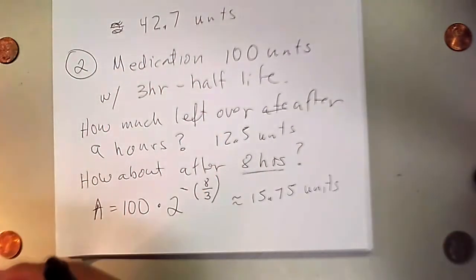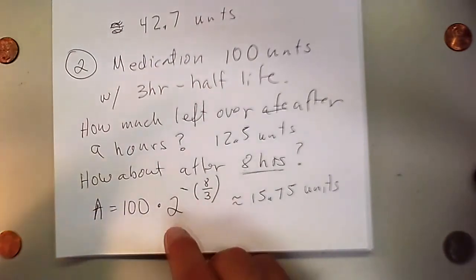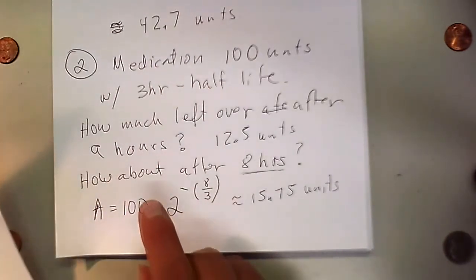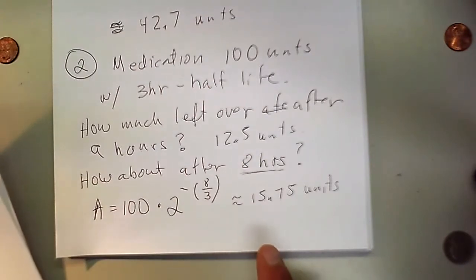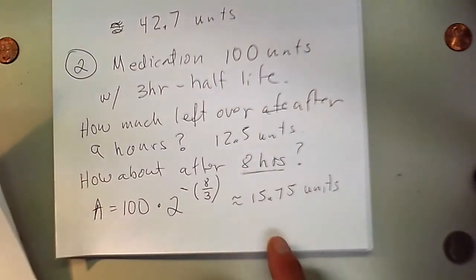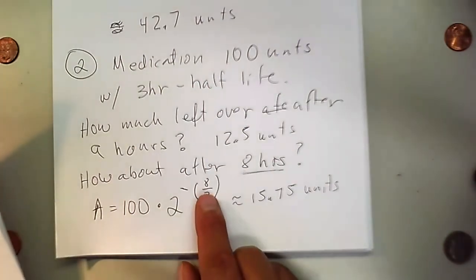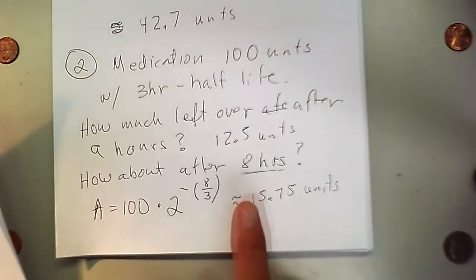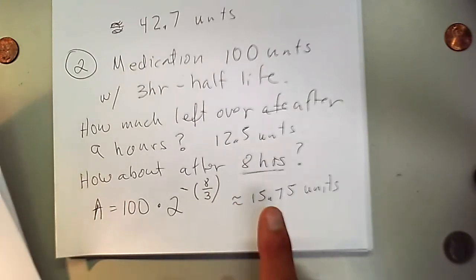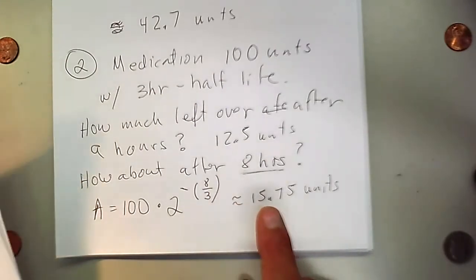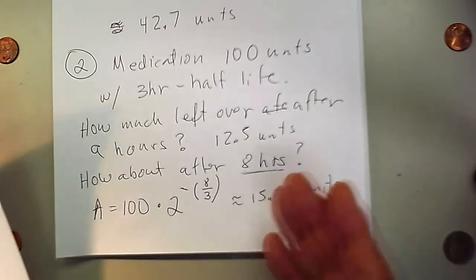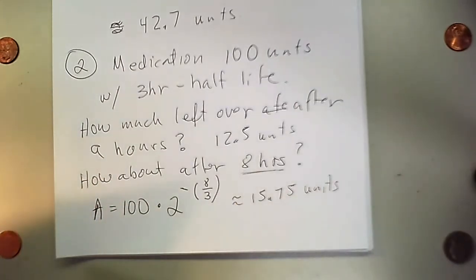There is the other question of how long it will take for a substance to go down from 100 to 20, which implies we have to solve for the exponent. That is going to be a question for a different video, because we have to introduce the inverse of exponential functions, where the exponential functions were part of the previous video.